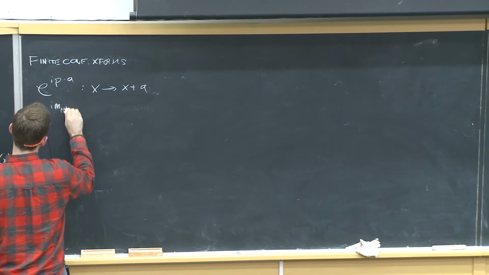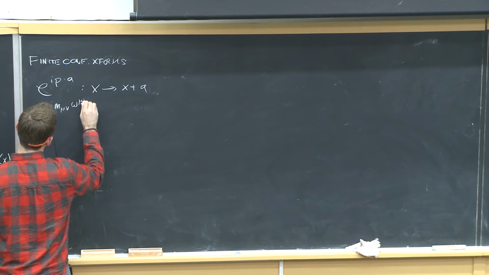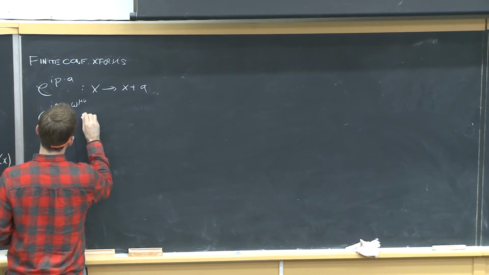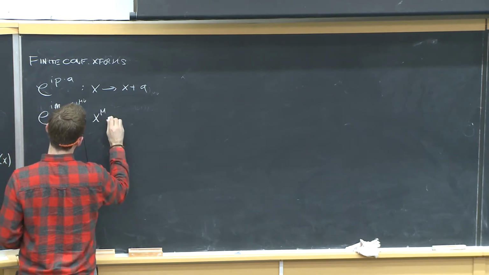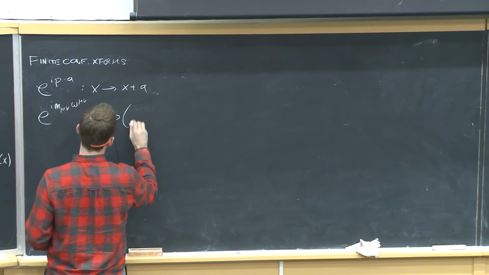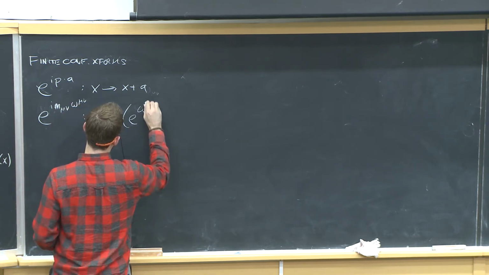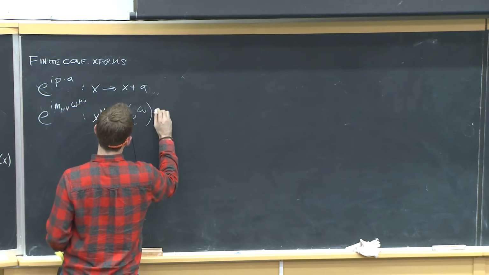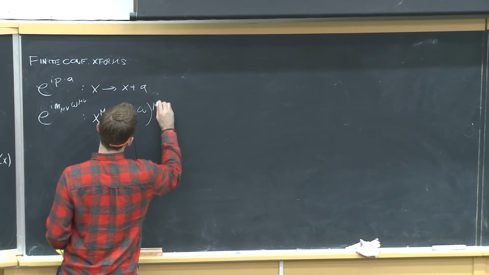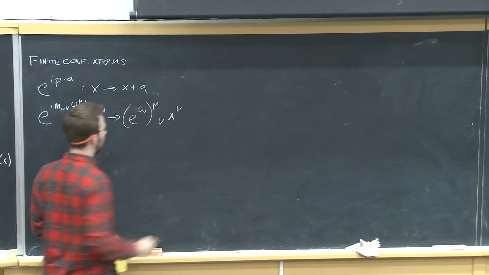I had these M_mu_nu that can get contracted with a matrix that sends x^mu to e^(omega^mu_nu) x^nu.